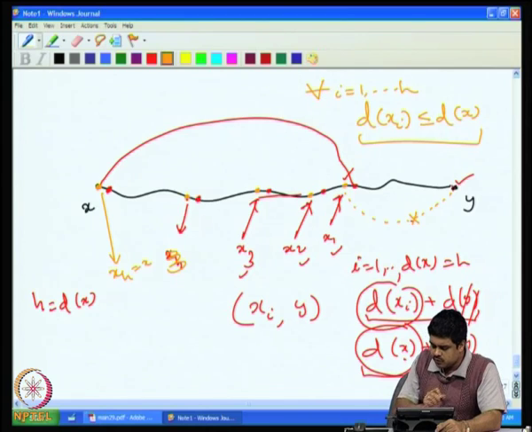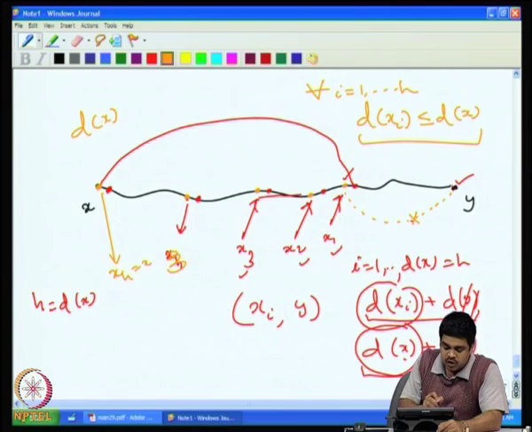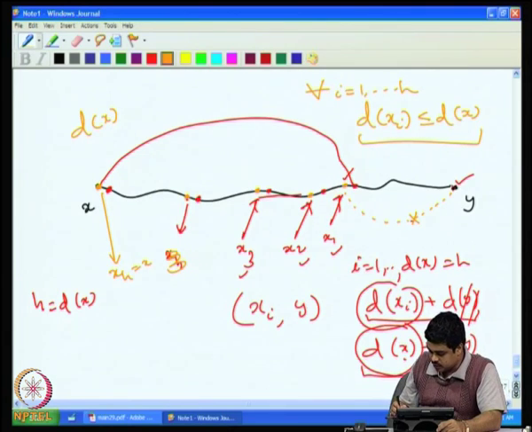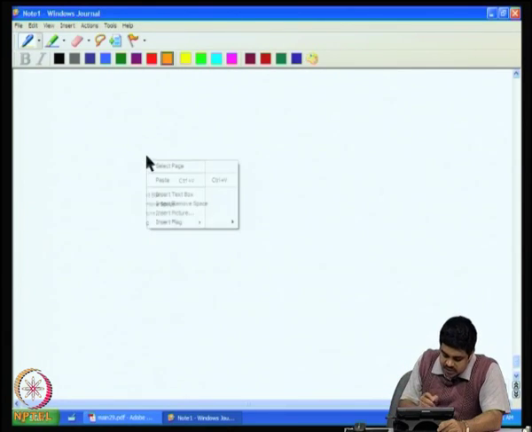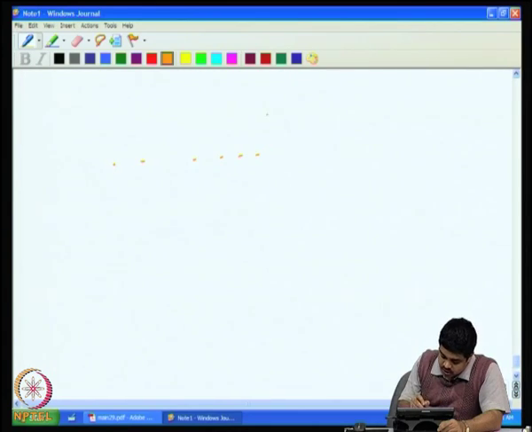Now, if you enumerate the degree sequence, all these numbers, that is d of x1, d of x2, d of x3, up to d of xh, all of them will come before or equal to d of x itself, because d of x itself is part of them. So, therefore, there are h, that means d of x, numbers which are of degree less than or equal to d of x.